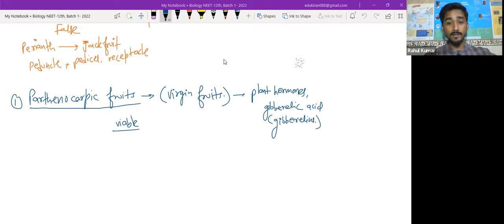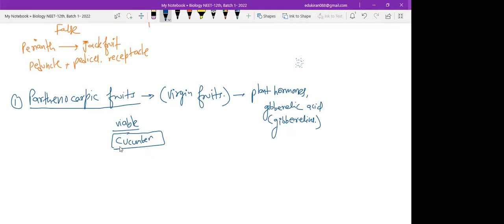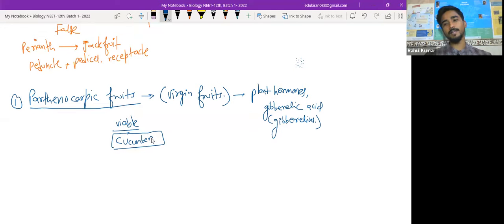Yes, cucumber, whatever you call it. But you all must have seen that inside a cucumber there are seed-like structures, but we just eat them because they are not viable seeds. They look nothing like a seed. You can just chew them easily and eat them, right? Because they are not developed, they are not fertilized.